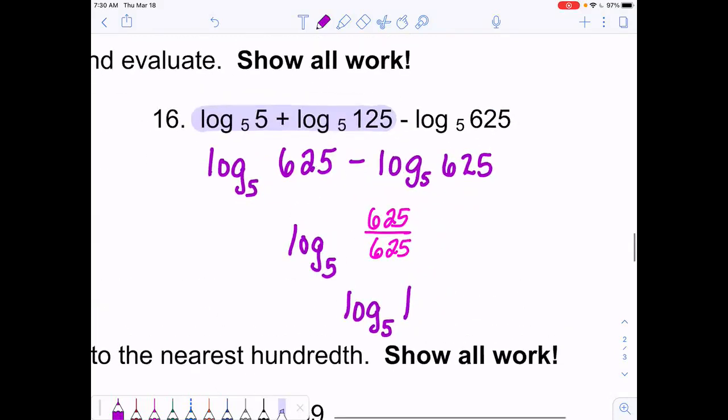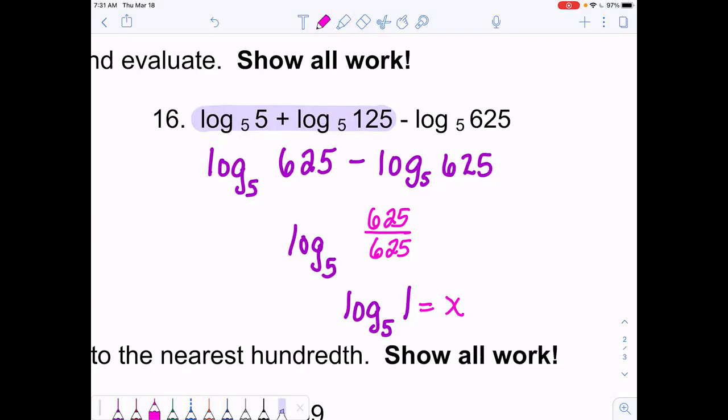The second part says to evaluate, which means if it can be simplified further down to a single number, then you need to do that. An easy way to check to see if something can be evaluated is just by setting this equal to x and changing it into exponential form.